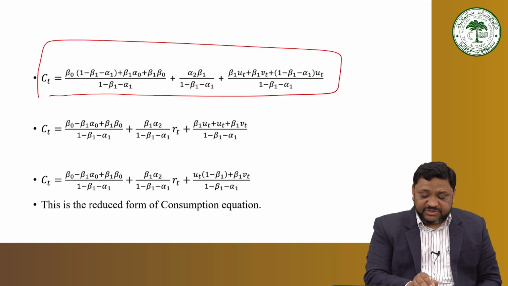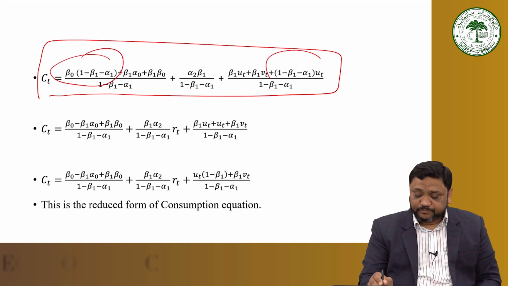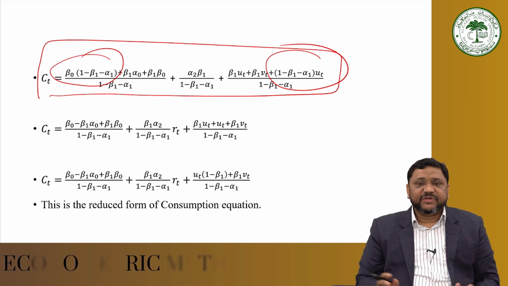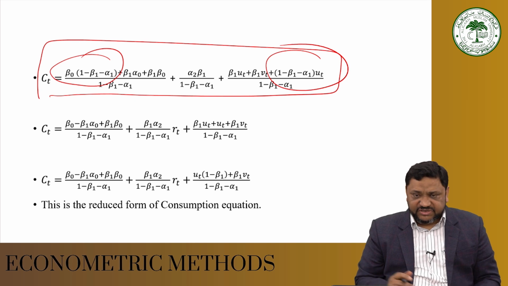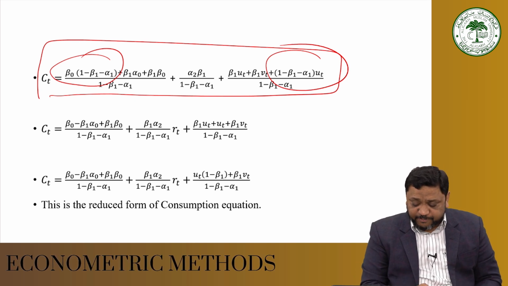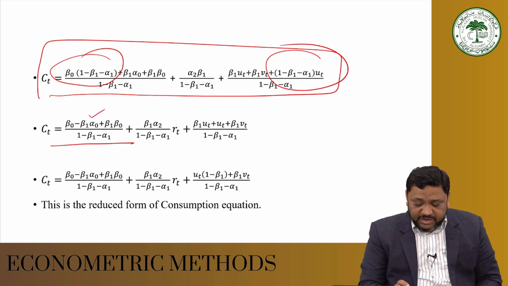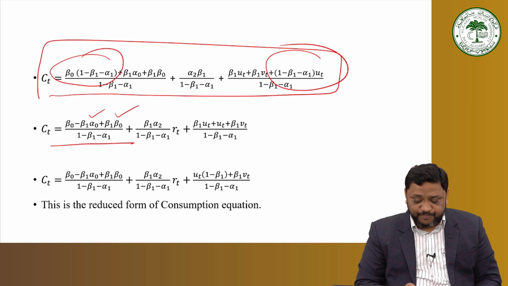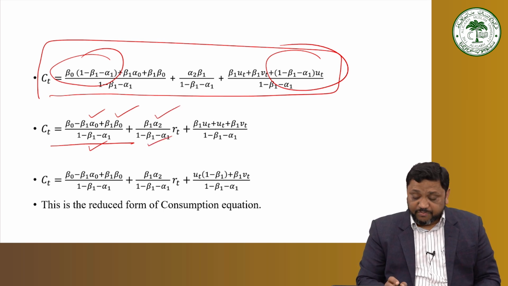The same equation from the previous slide has been written over here. Now we open these brackets and we cancel some of the terms which are similar but with different signs. So what we are left with is Ct is equal to beta naught plus minus beta 1 alpha 0 plus beta 1 b 0, beta 1 b naught divided by 1 minus beta 1 minus alpha 1, plus beta 1 alpha 2 divided by 1 minus beta 1 minus alpha 1 multiplied by RT plus beta 1 UT.